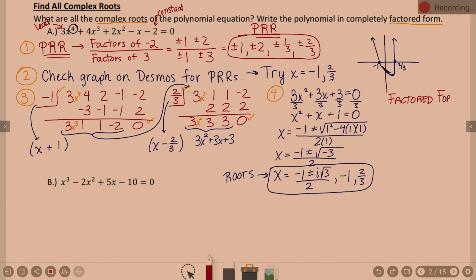Now, work with me real quick on factored form. I tried to get factors as we went along. What was the first factor we had? X plus 1. What was the next factor? X minus 2/3. Now, in Savas, I don't think they want factors involving i.